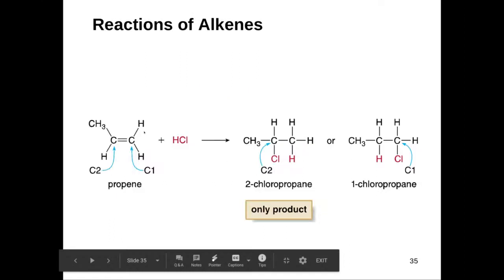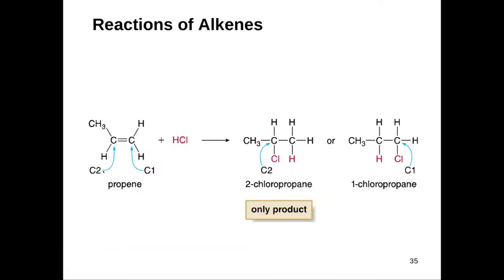So we say, which one has the most hydrogens? This one has 2, this one has 1, thus the hydrogen has to bind here, and the chlorine has to bind there. So there's only one potential product here, right? I said in the previous slide there might be 2, but based on this rule, the hydrogen has to bind here, and the chlorine has to bind there.